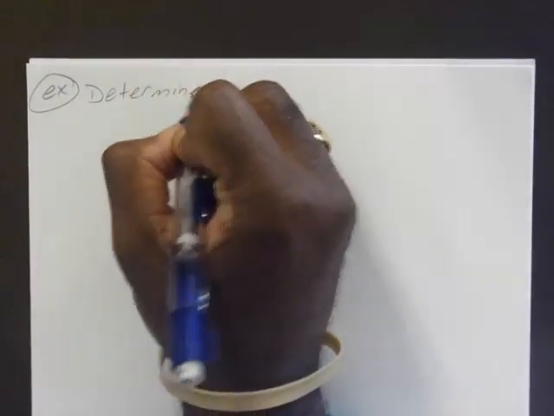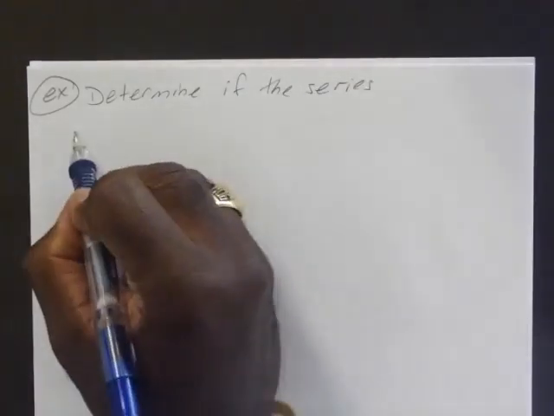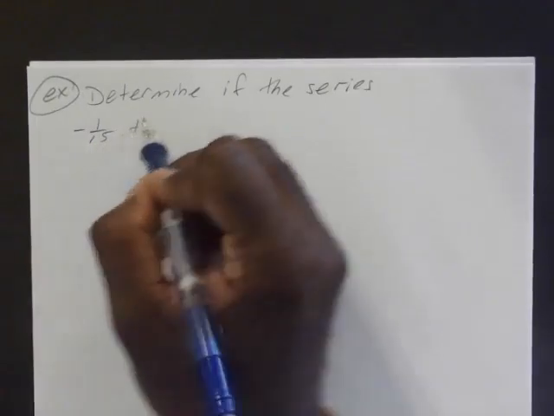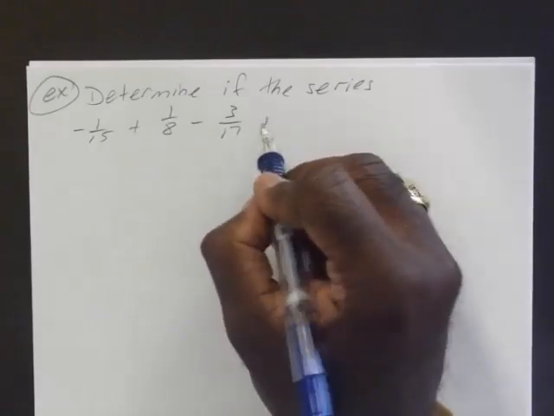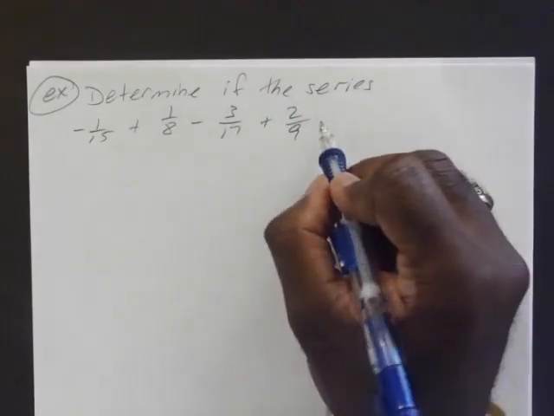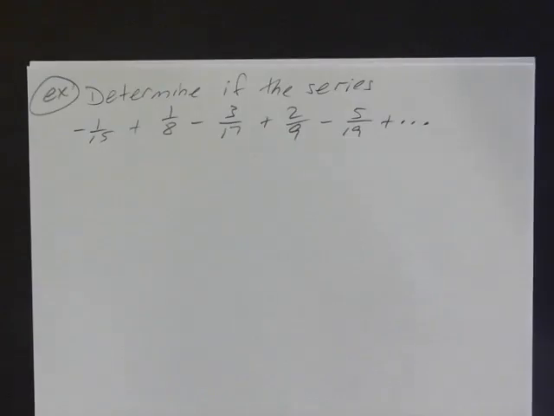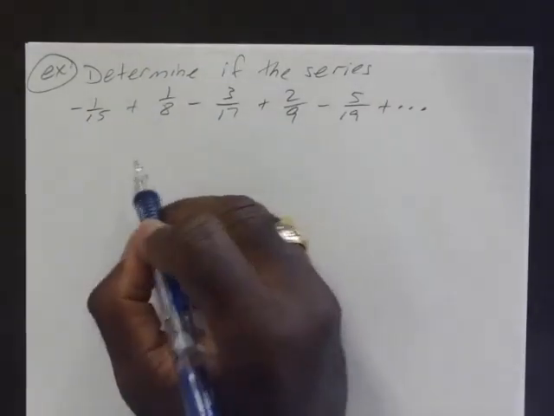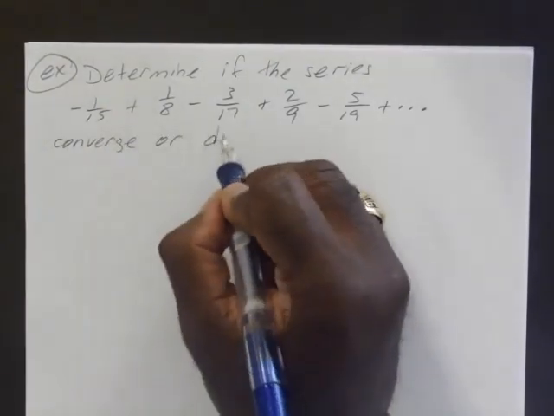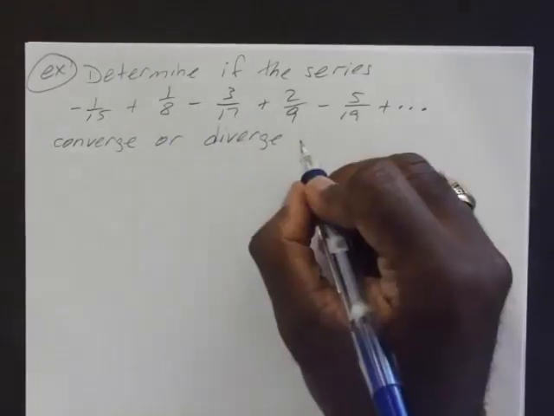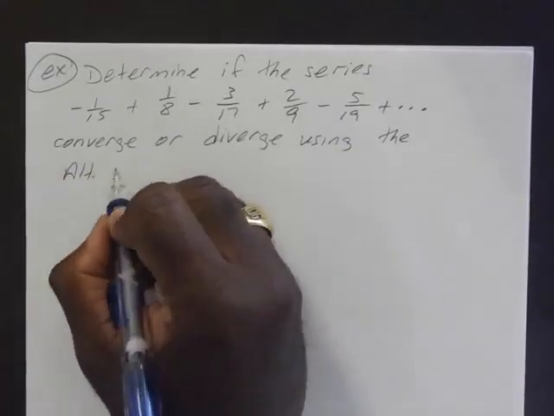So we want to determine if the series -1/15 plus 1/8 minus 3/17 plus 2/9 minus 5/19 plus et cetera, and so on, converges or diverges, using the alternating series test.